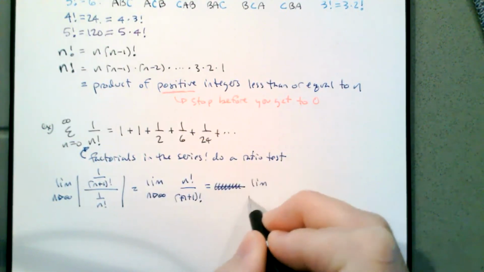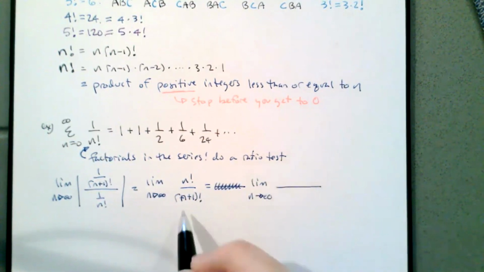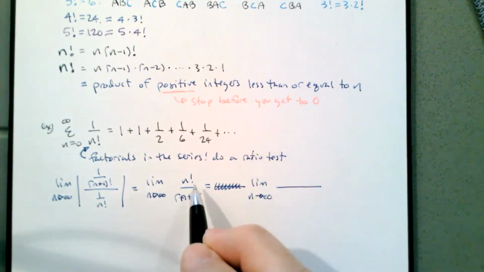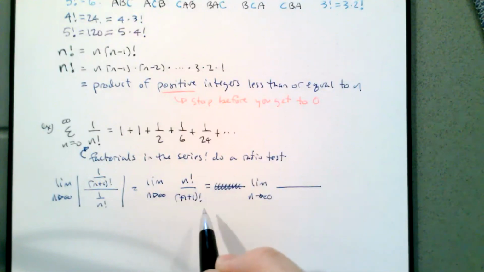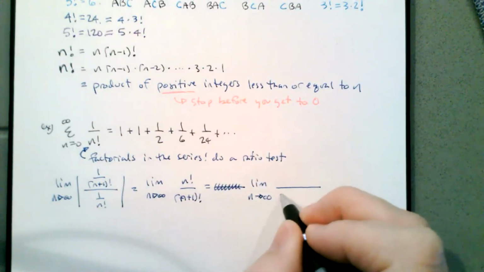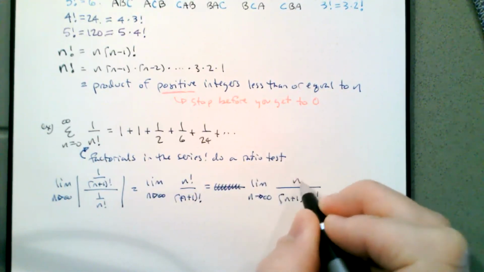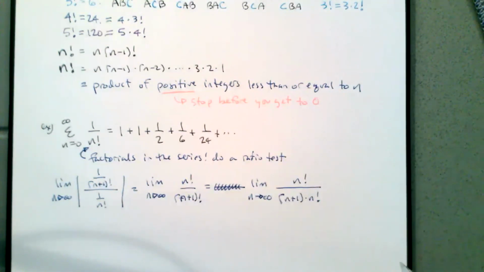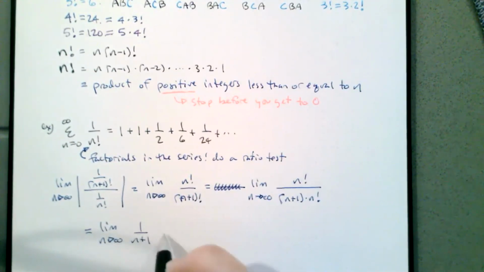Here's the big trick with factorials: we expand the bigger factorial until we get to the smaller factorial, because the smaller factorial will always be a factor of the larger one. n plus 1 factorial is n plus 1 times n factorial, and so the factorials cancel out.